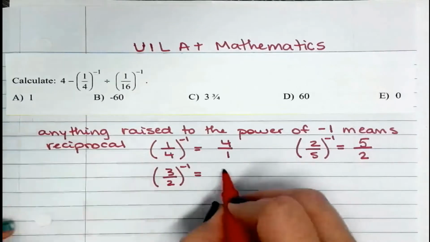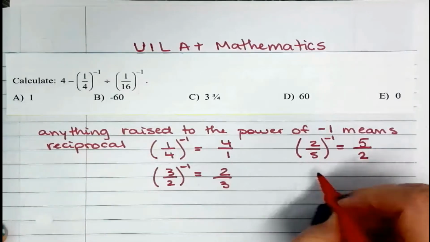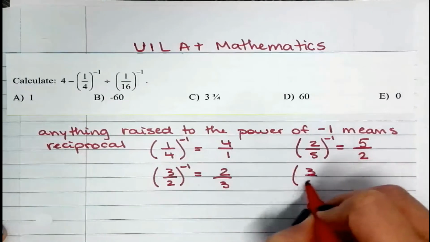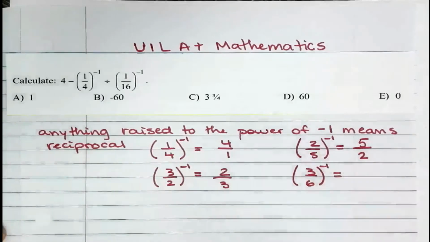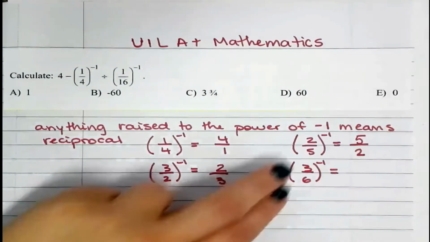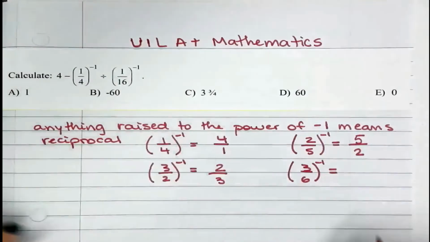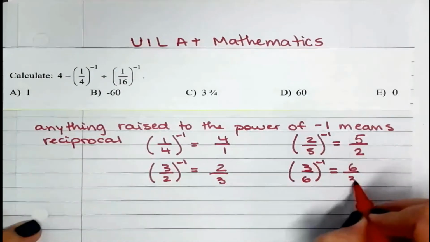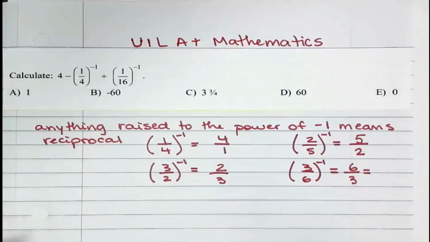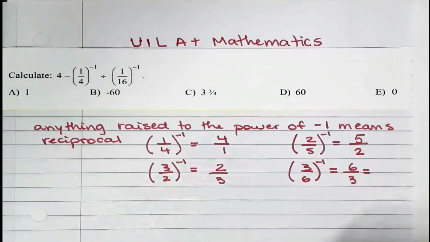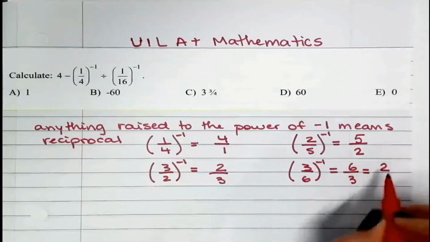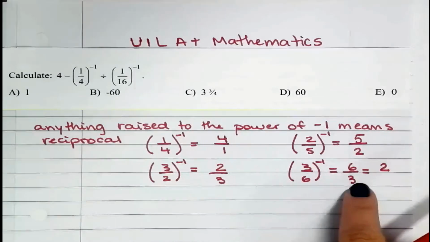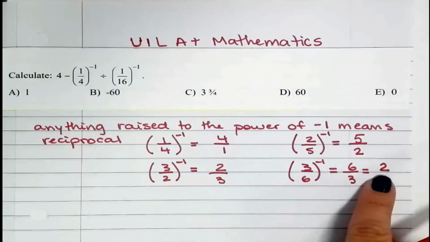Find the reciprocal, 2/3. Last one. Turn that upside down, you get 6/3. And every time you have a fraction, you have to simplify that. In the simplest form, 6/3 equals 2.